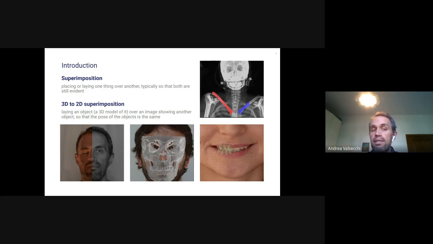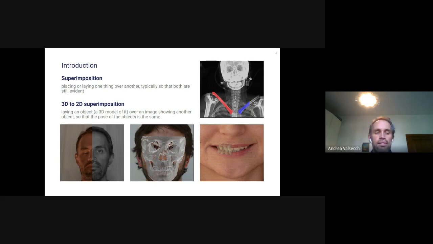You can apply the same principle to radiography. So you can have a 3D model of a bone, for instance, the clavicle, and you can overlay it on top of a radiograph. And finally, you can also do that with a dental scan. So you have a 3D model of the teeth of somebody, and if you have a picture where the teeth are shown, you can then overlay them and compare, right?